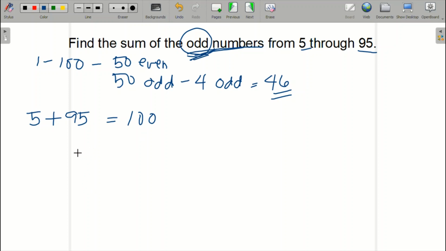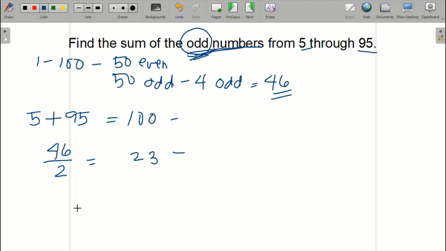Next step, we're going to get the pairs of numbers. We're going to use now the 46 odd numbers. So 46 divided by 2 is 23. This is the sum of each pairs, and this is the pairs of numbers.